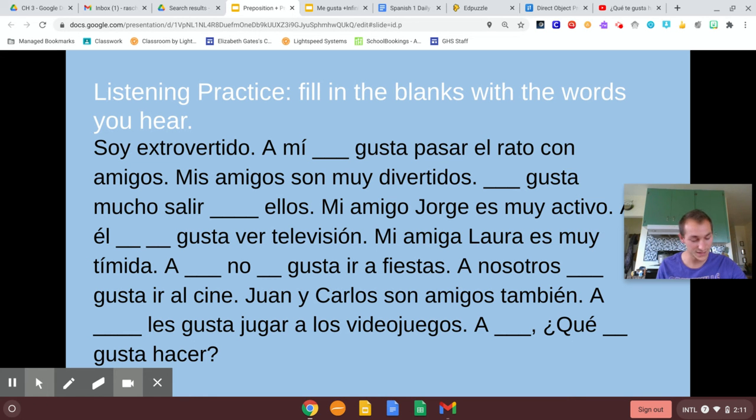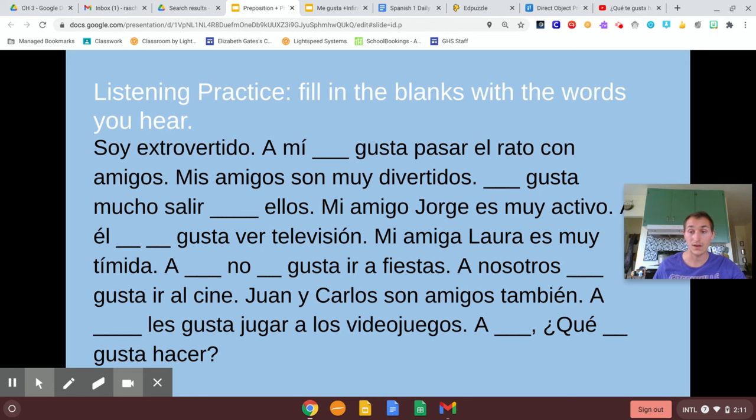A mí no me gusta ver televisión. Mi amiga Laura es muy tímida. A ella no le gusta ir a fiestas. A nosotros nos gusta ir al cine. Juan y Carlos son mis amigos también. A ellos les gusta jugar a los videojuegos. ¿A ti qué te gusta hacer?